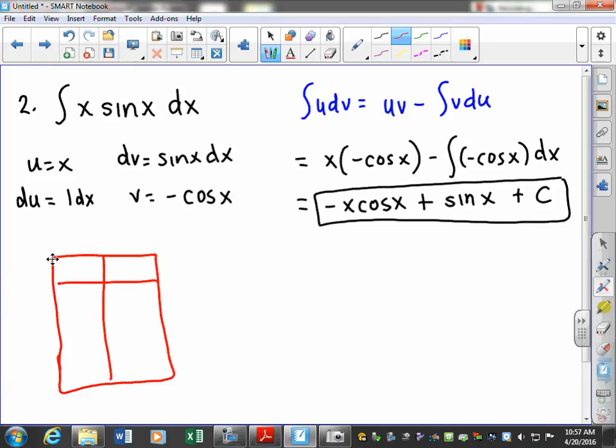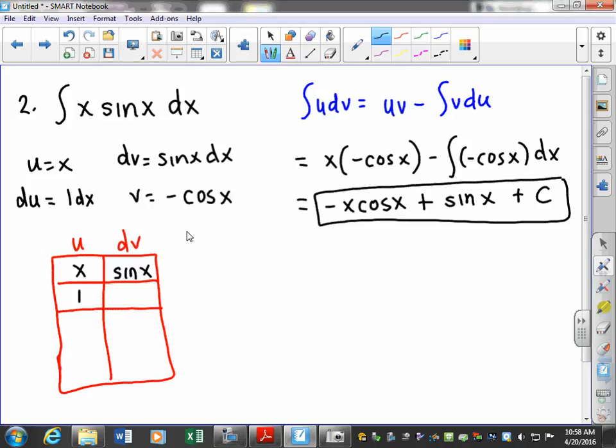So let's see, u dv, so what's our u? We said was x, and what was dv? Sine x. Alright, on the left column we're taking the derivative, so over here we'll just keep taking the derivative. What's the derivative of x?